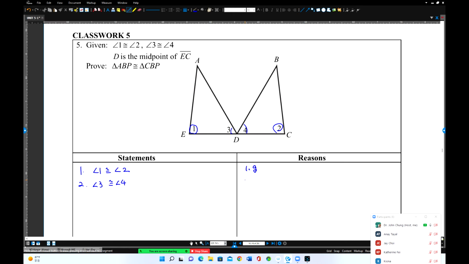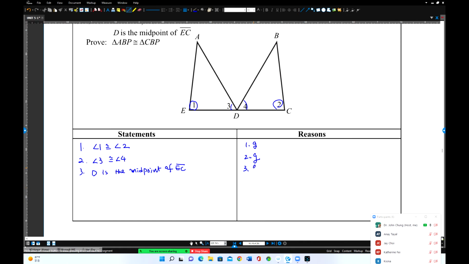That's the given. D is the midpoint of EC. The reason is given. So from this midpoint, we can say these two sides are congruent: segment ED congruent to segment DC.